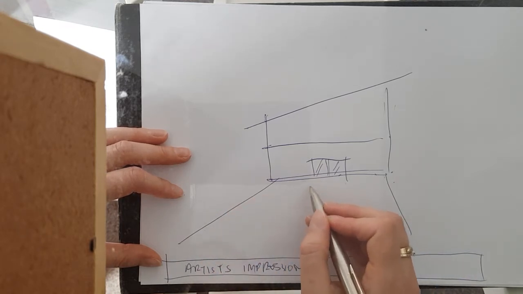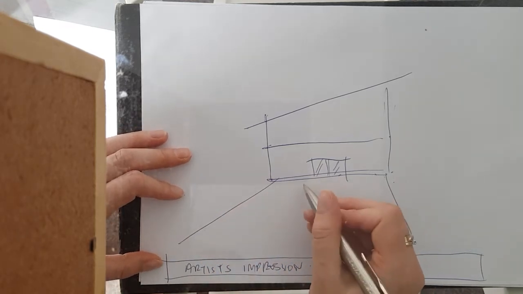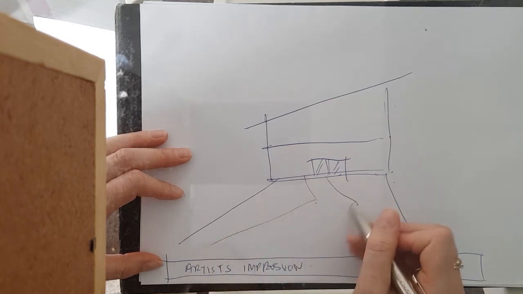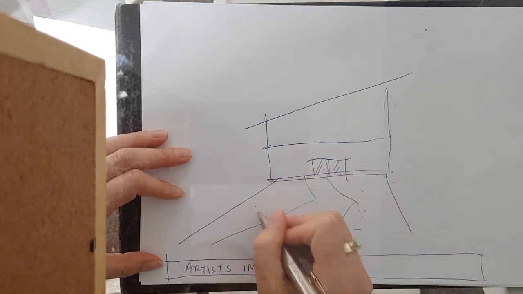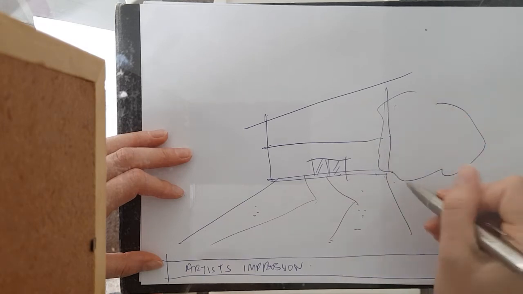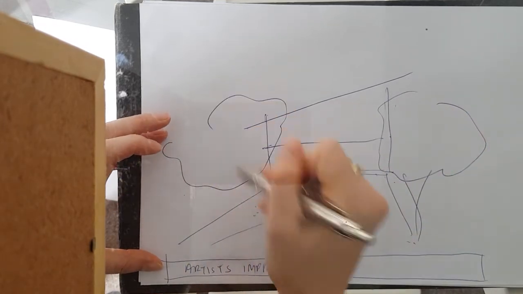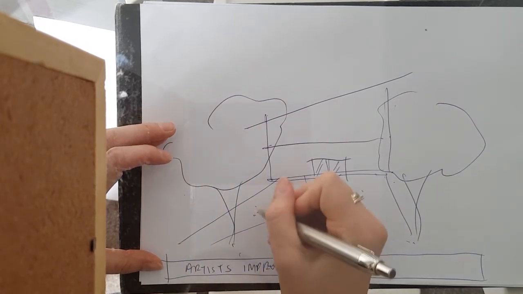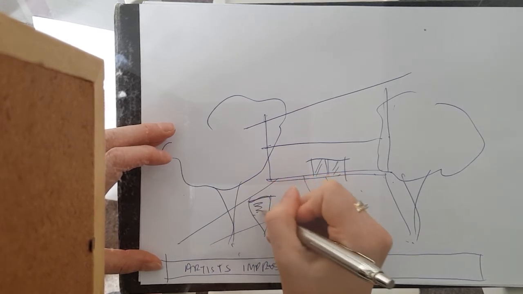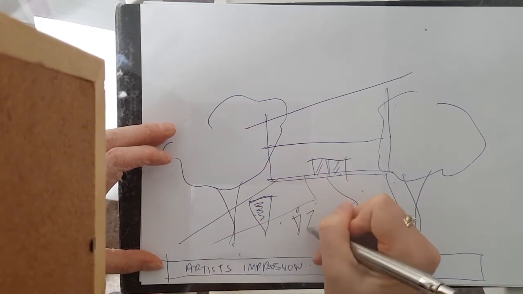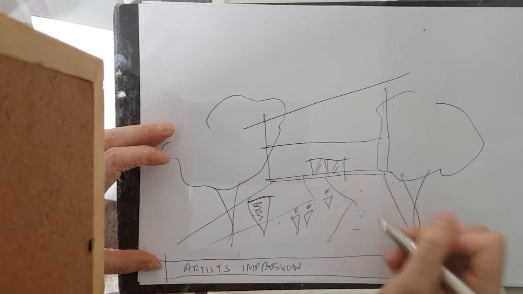So we spoke about having this big meandering path that cuts through the landscape, these turf areas. We had these big trees off to the side which frame the building, big signage and wayfinding, lots of happy people laughing and walking up to the building.